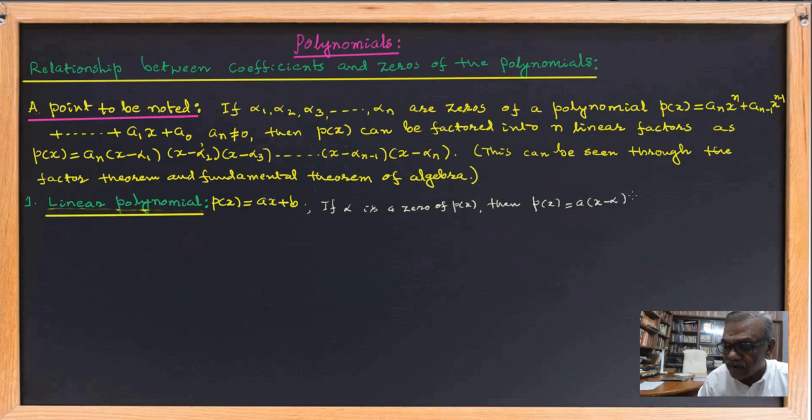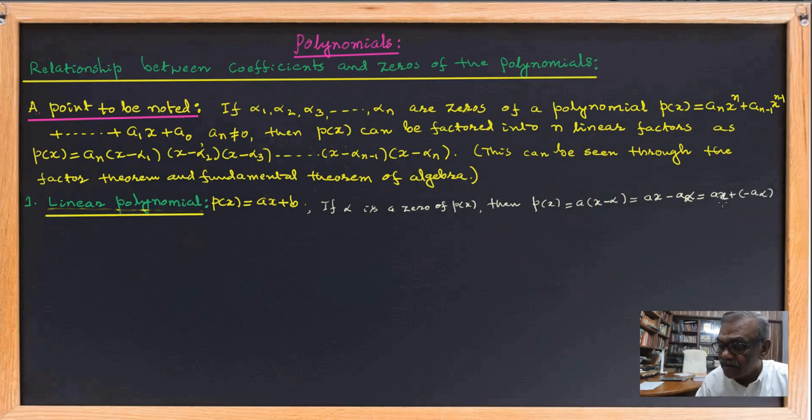Now you can see that this can be written as ax minus a alpha, which is ax plus (minus a alpha).